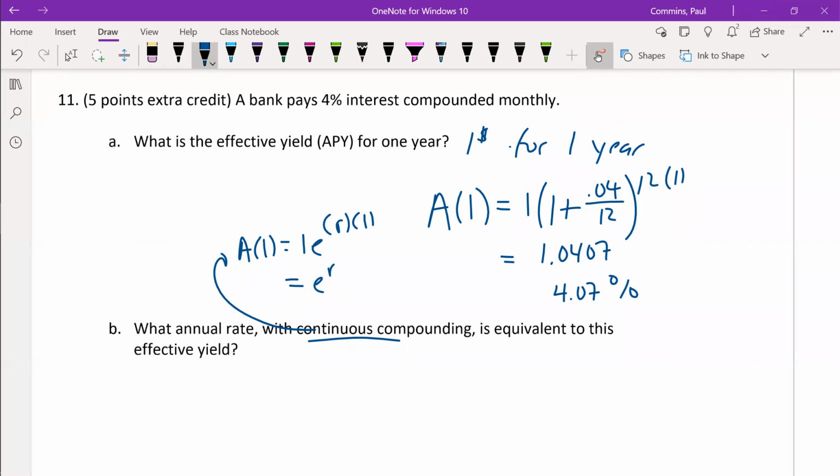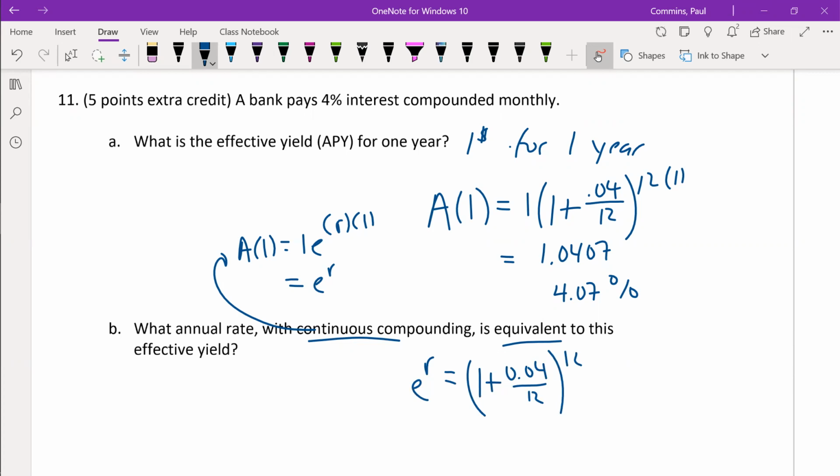So if we put 4% in for r here, this number at continuous compounding would be bigger than 4.07, and we're supposed to make it equivalent. So we're actually going to need an r value that's less than 4% for continuous compounding to be the same as monthly compounding. So we just set e to the r equal to the monthly compounding expression.